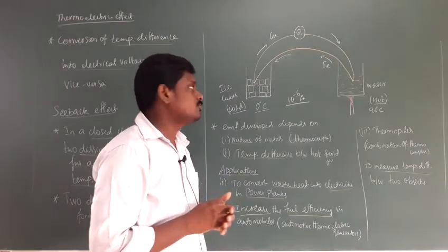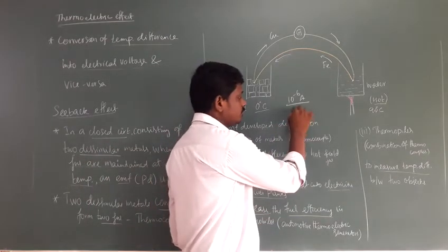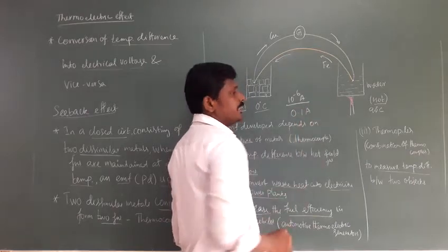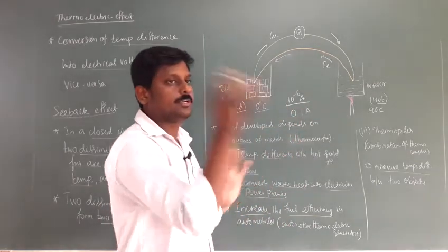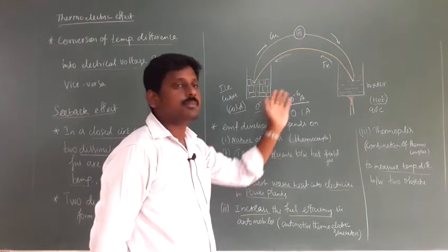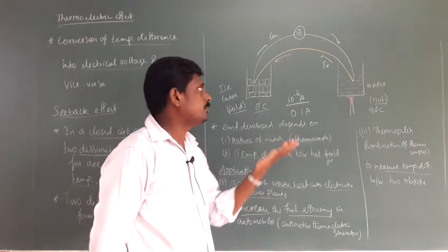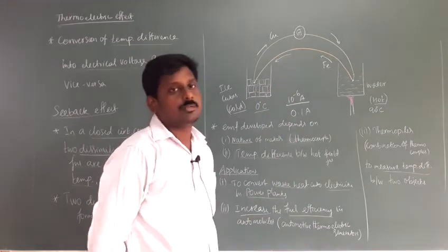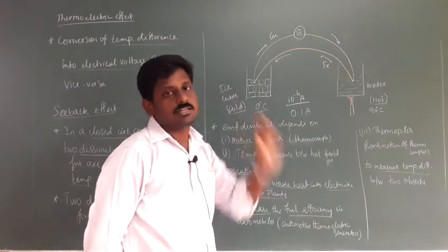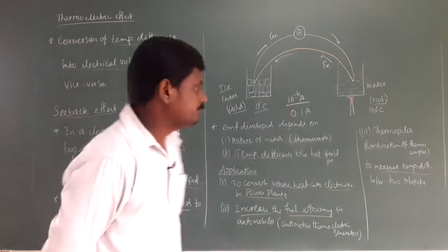An ammeter is also used to measure current, but in the range of 0.1 ampere to 1 ampere, 2 ampere. If it is 10 power minus 3, it's milliampere, and 10 power minus 6, microampere is measured using a galvanometer. Since only a small amount of current is developed in the circuit, we use a galvanometer.